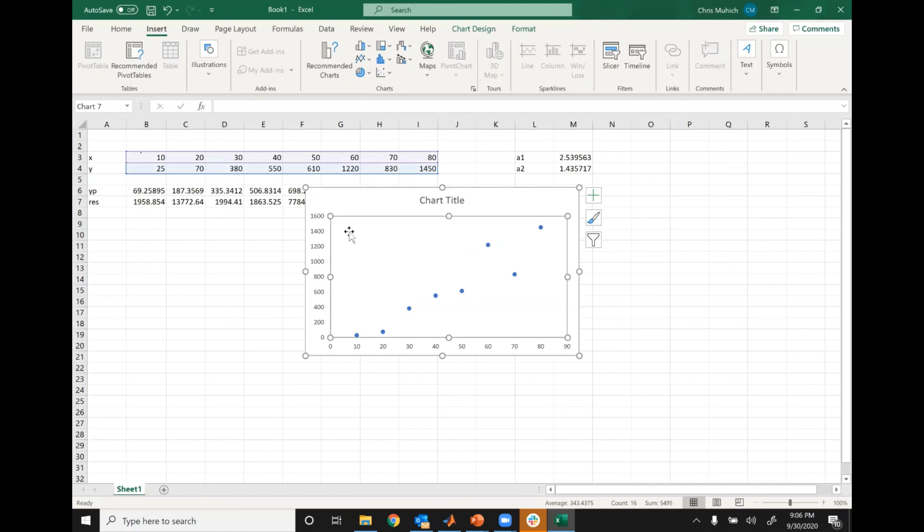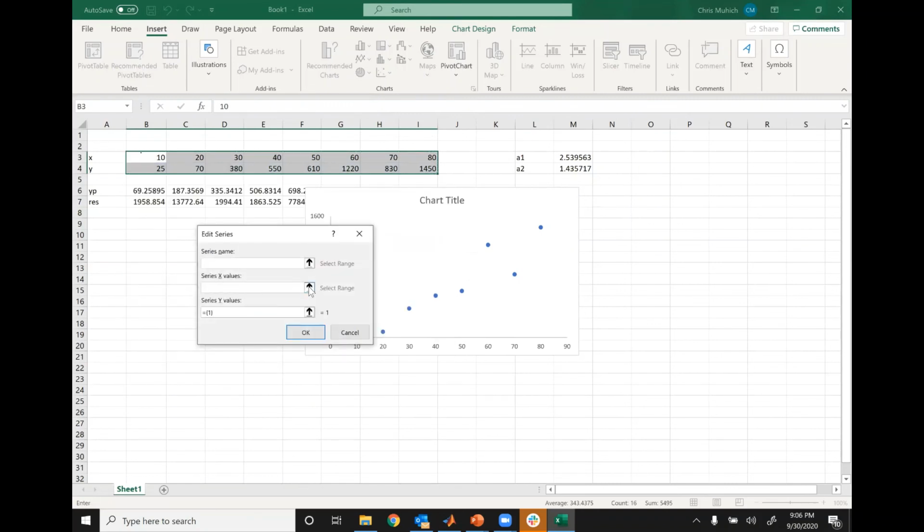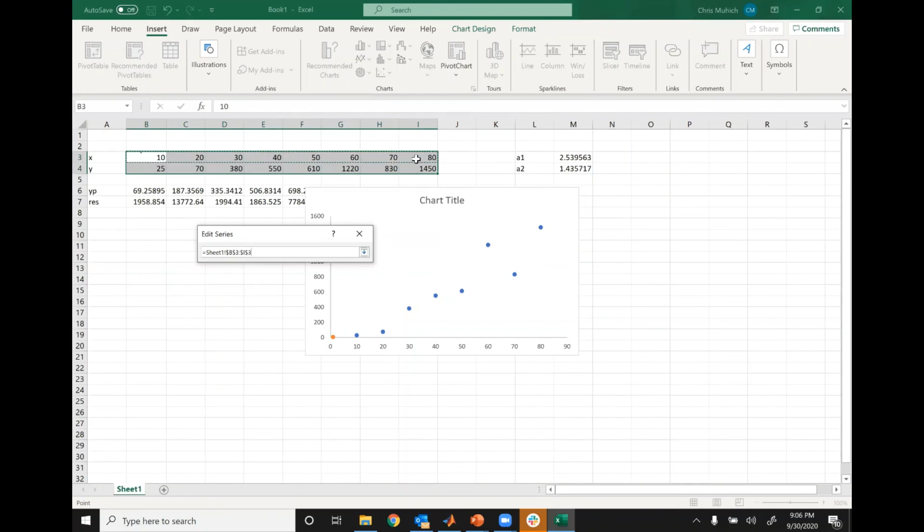I can then add additional data by right-clicking on the plot and clicking Select Data. I then use this Add button to insert new X's. So in this case, I still want those old X's, so I'm going to select that X. And then I'm going to select this new value of the Y's for the proposed, or the fit version.